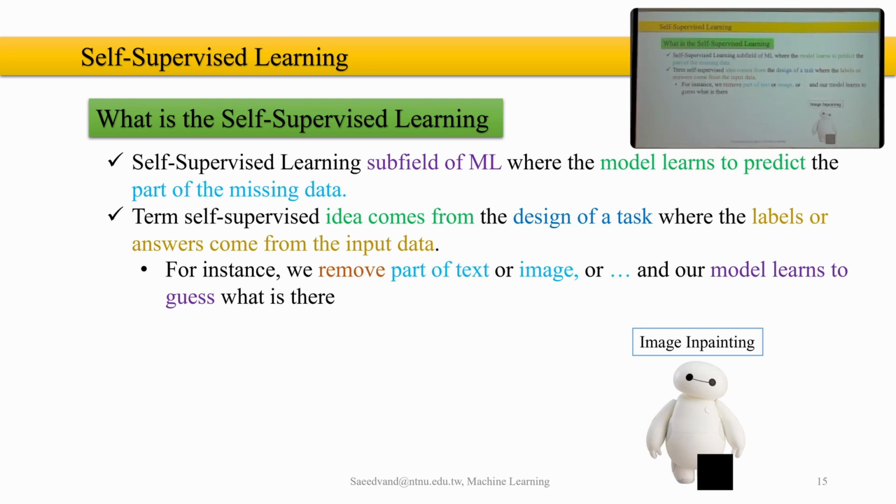If you have a small data set, that is one very important thing. We said that in transfer learning, the motivation is that if you have a small data set, we want to use the big trained model for the small data set. Maybe we have labels there, and if we have labels, that's not a problem. But if we don't have labels and we don't want to have labels, what can we do?